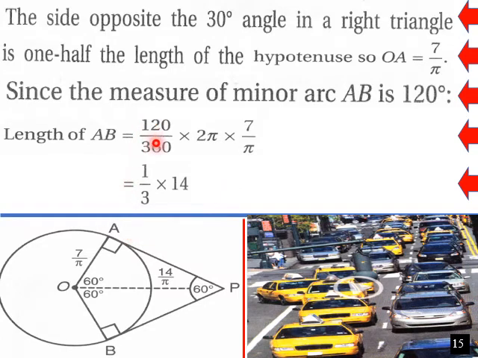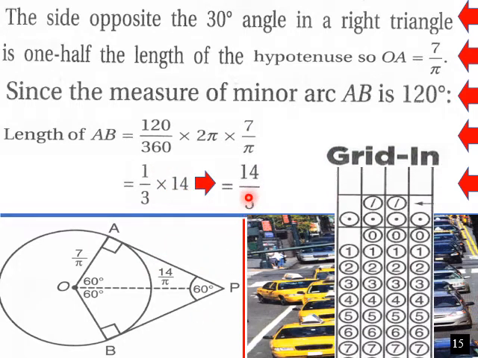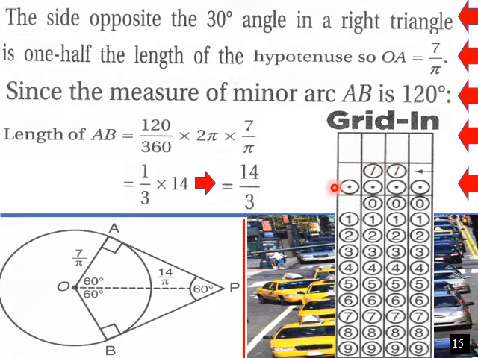So that's 1/3 times 2 pi over pi, and the pi's cancel. 2 times 7 is 14. So 1/3 times 14 equals 14 over 3. So we grid that in, 14 over 3.